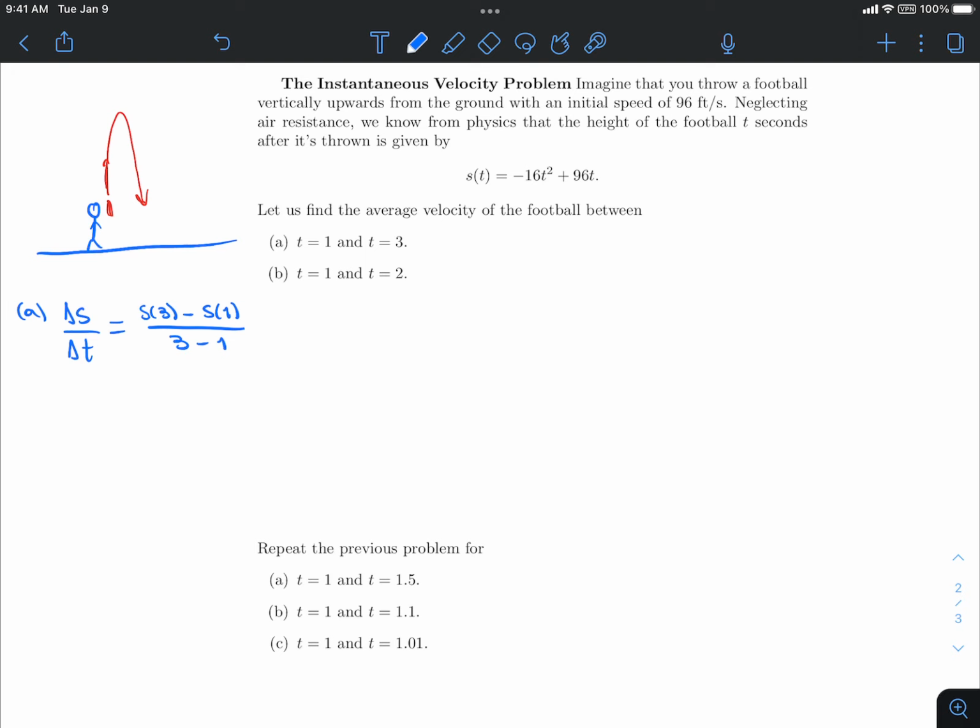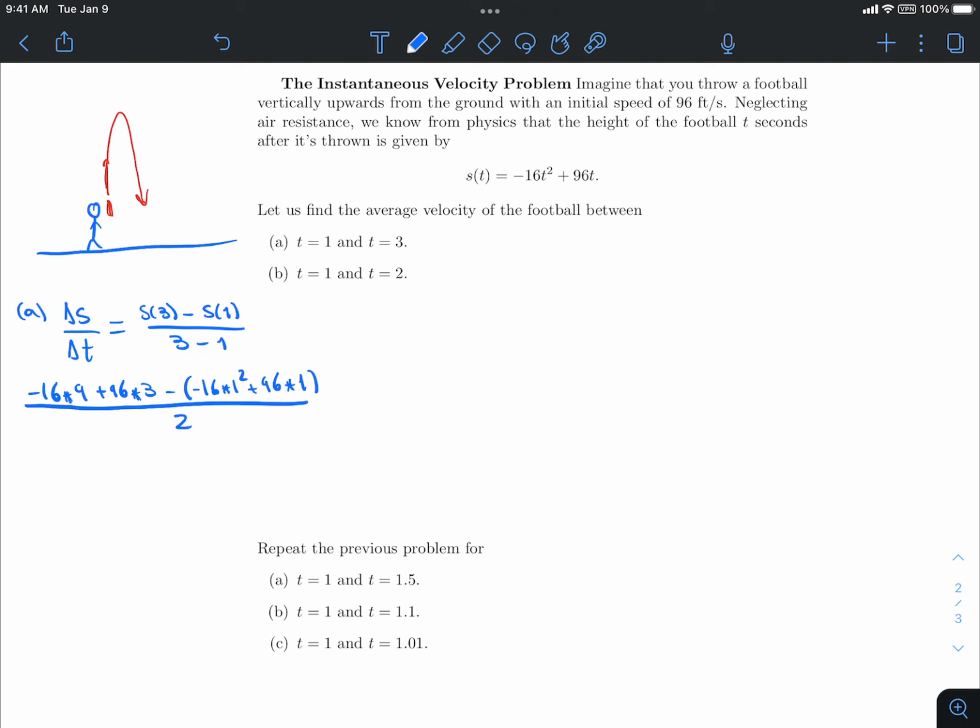So plug 3 into the equation: minus 16 times 9, plus 96 times 3, minus s of 1, which is minus 16 times 1 squared, plus 96 times 1, all of that divided by 3 minus 1, which is 2.